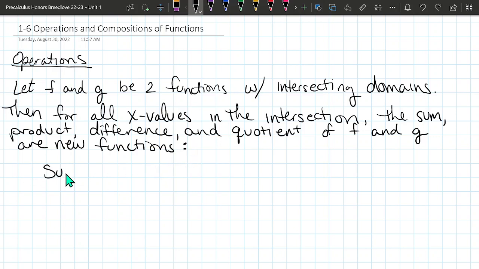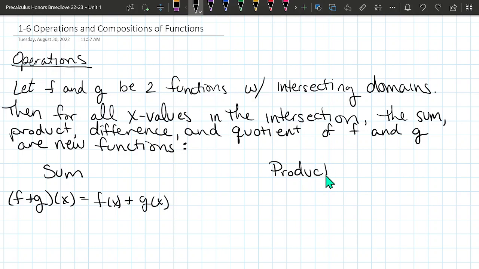So if you have the sum, that is f plus g of x, which is f of x plus g of x. You have the product, which is f times g of x, which can be found by multiplying f of x times g of x.